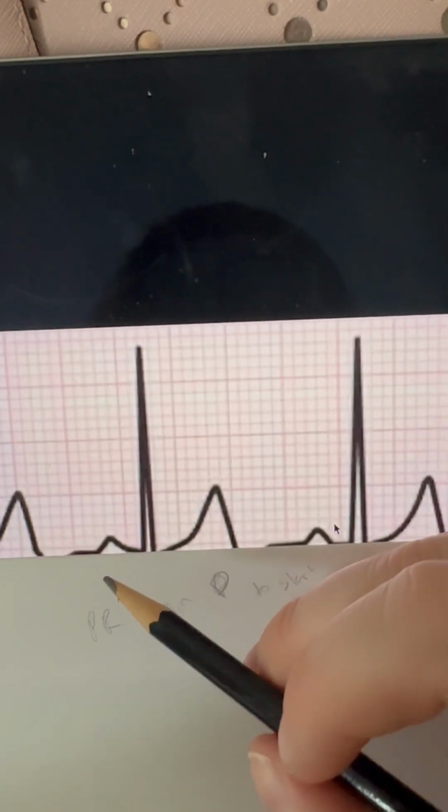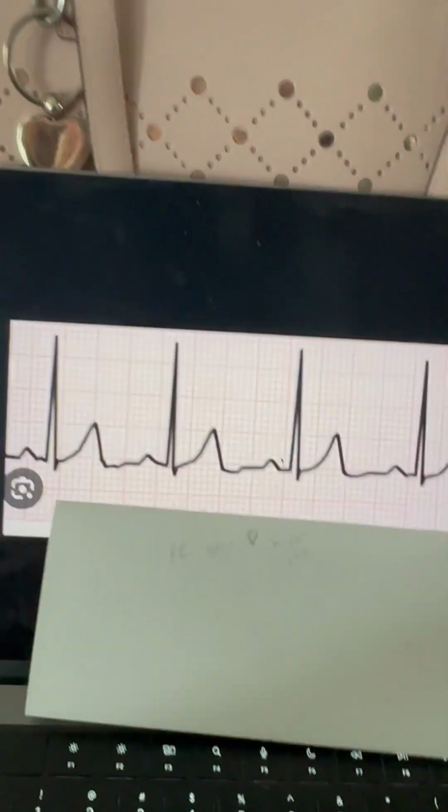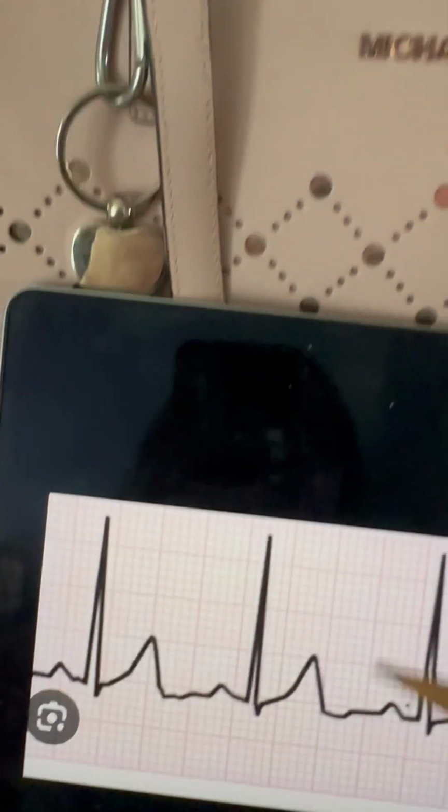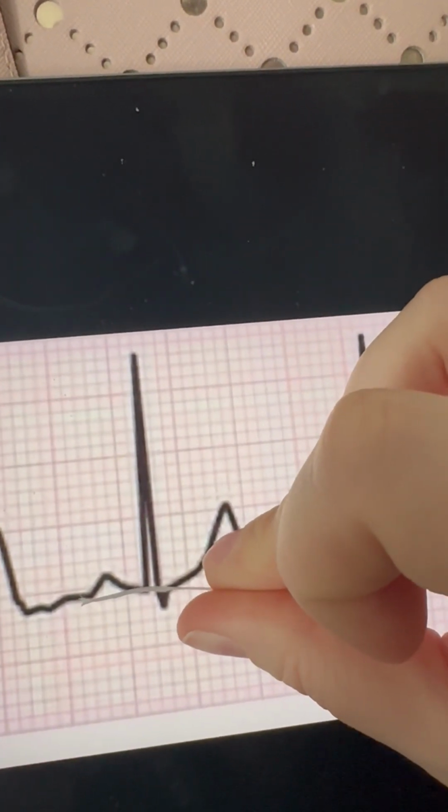So we take this paper and we line it up like this. If you had a line and you did, let me get a piece of paper, hold on. Okay. See how I hold this piece of paper up like this?